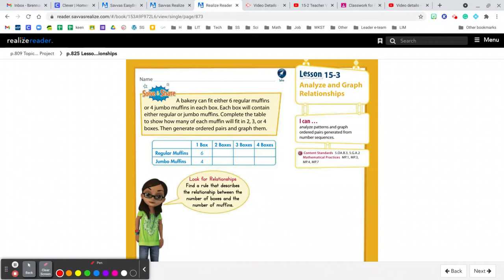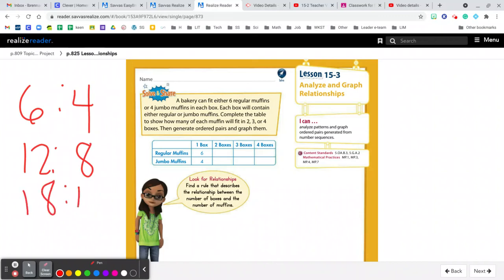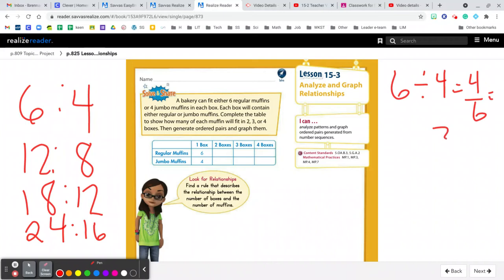So when we're looking at the relationship between the number 6 to 4, and we have 12 to 8, and 18 to 12, and 24 to 16, you can say that 4 over 6 equals 2/3.